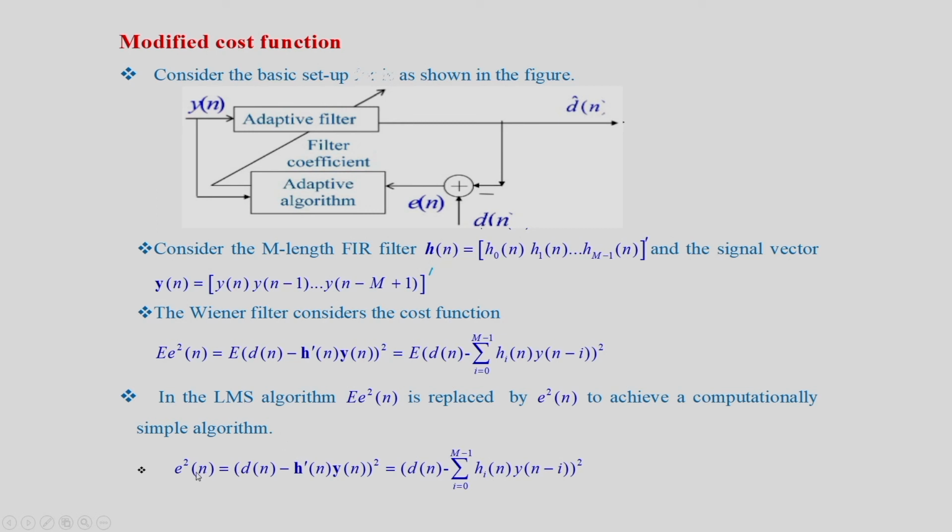Therefore, the cost function is given by e²(n) equal to (d(n) minus h transpose(n) times y(n)) whole square, that is equal to (d(n) minus summation h_i(n) times y(n-i), i going from 0 to m-1) whole square. So, this is the cost function for the LMS algorithm.